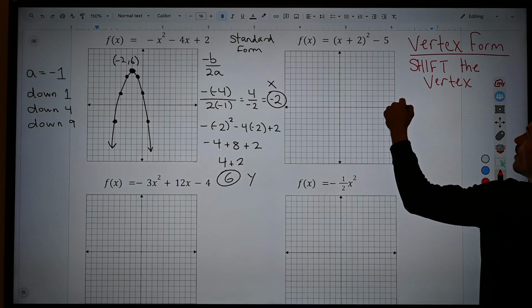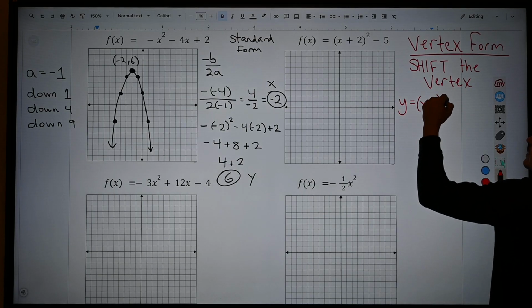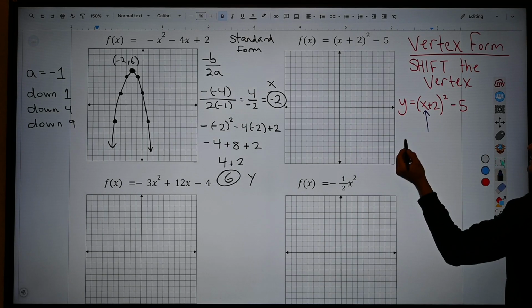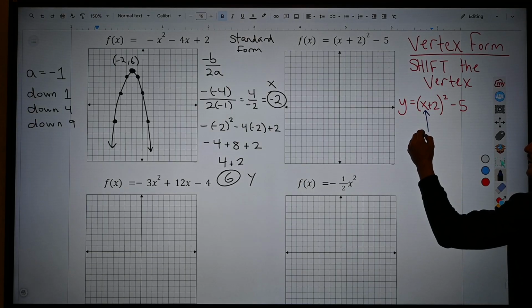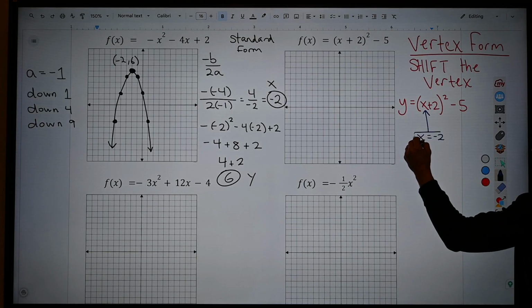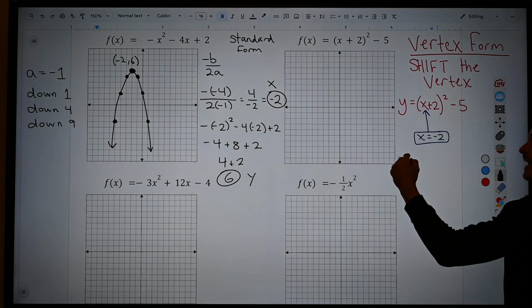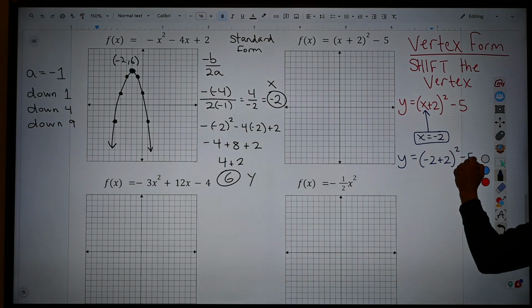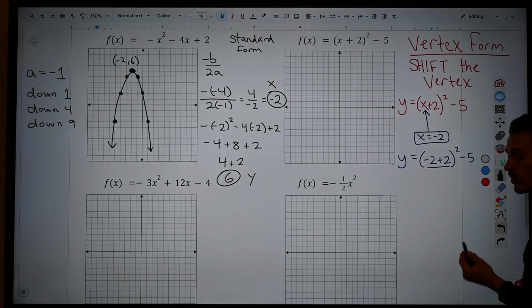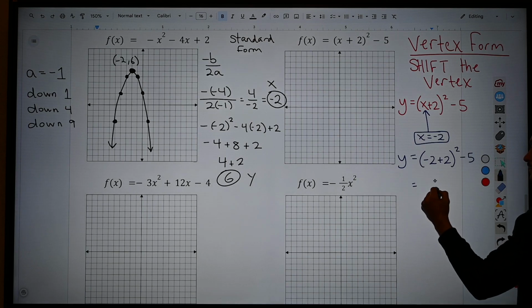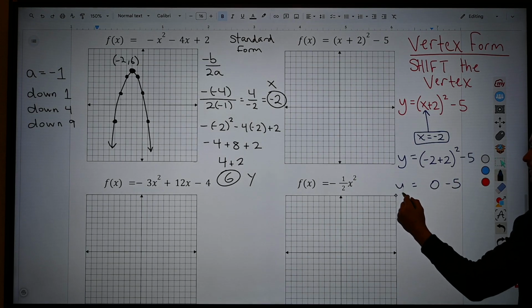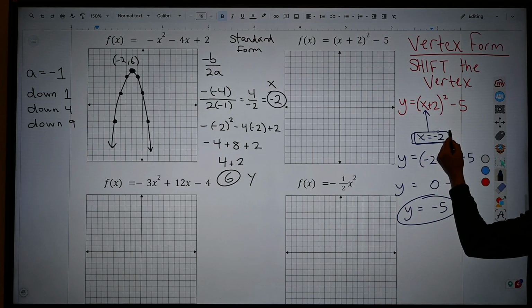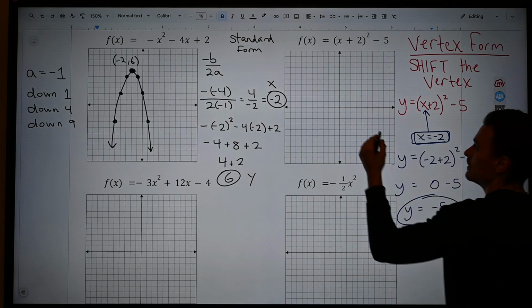So if you have y equals x plus 2 squared minus 5, you want to make this 0 by doing x equals negative 2. If x equals negative 2, this becomes 0, and 0 minus 5 is negative 5. So there's our y value, here's our x value, and that'll be our vertex.